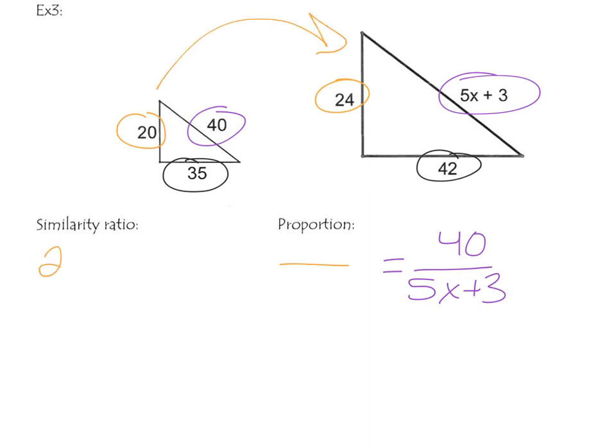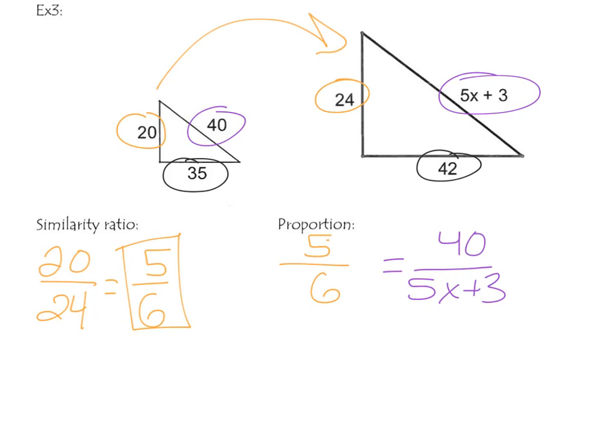So 20 over 24, if I reduce that in my calculator with that ABC button, I should get 5 over 6. And this is my small figure to my large figure. So the numbers on the top should have something in common. These two and these two should have something in common.